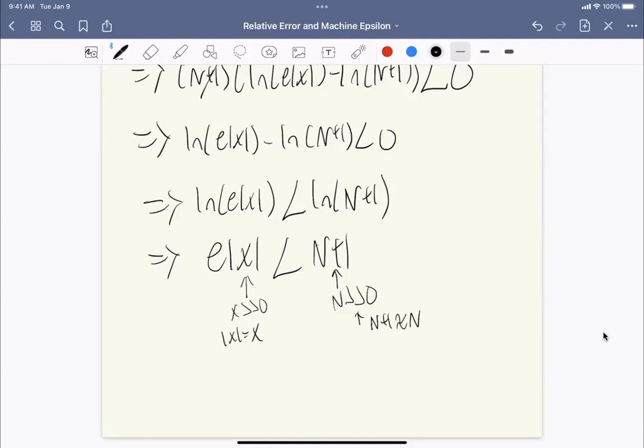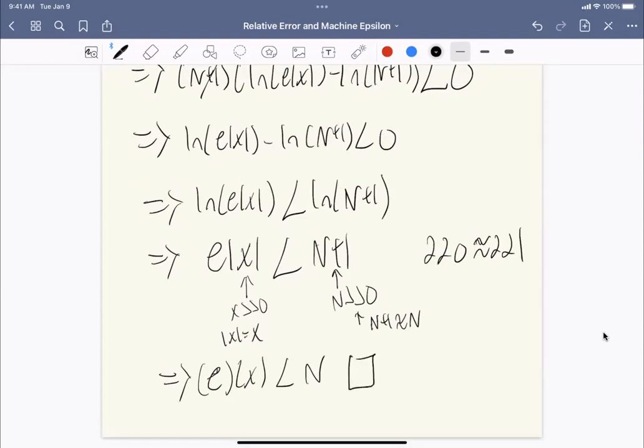If we're talking about super large numbers, let's say like 220 or something, we're going to consider that approximately equal to 221. Okay. And when we do this, we're left with our result that e times x is less than n. And this is exactly what we wanted to prove.